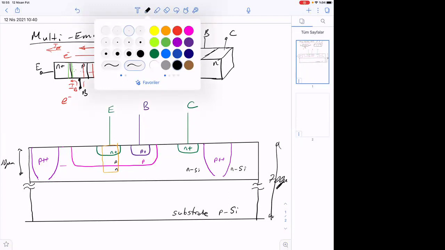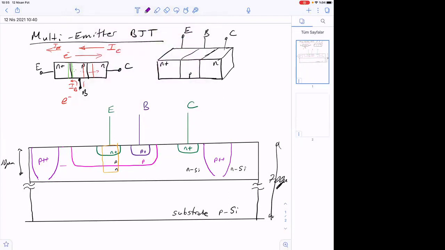Those are for isolating different BJTs from each other. If you look from the top view, we have this region, P++.